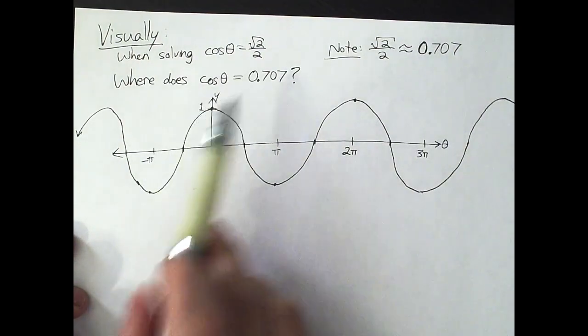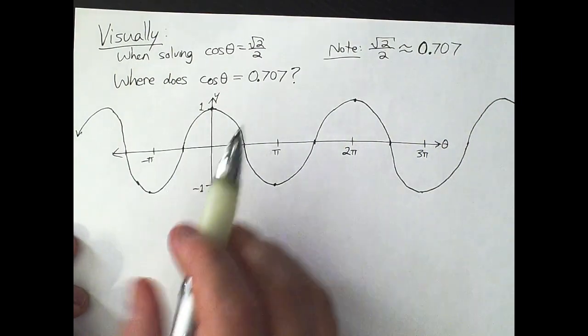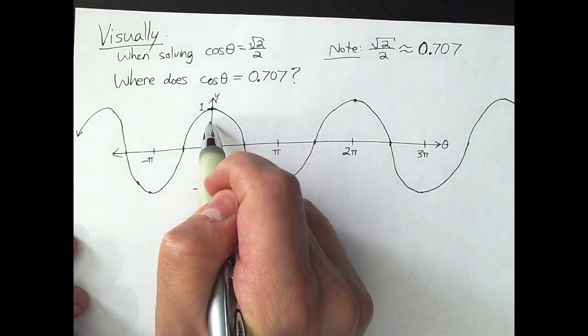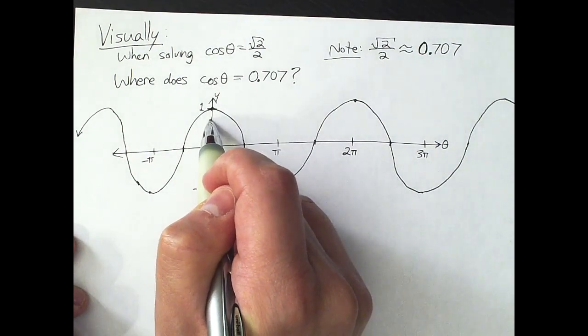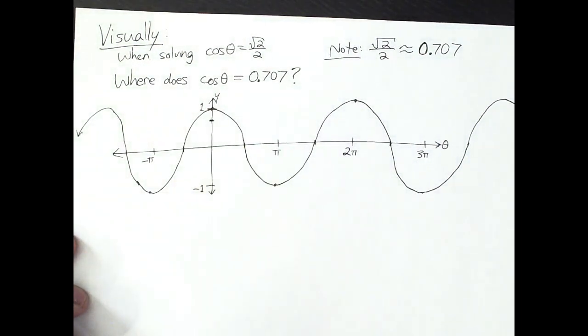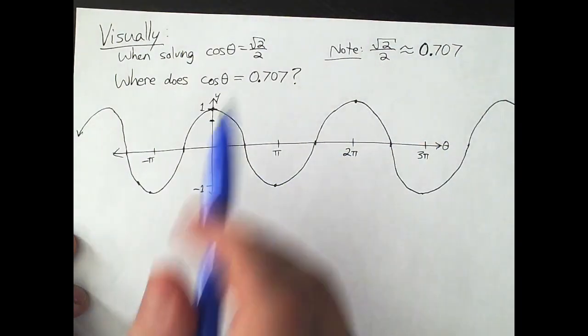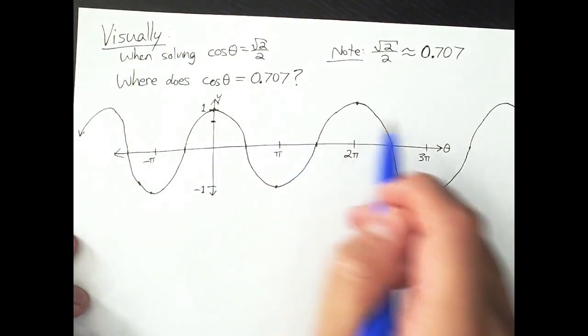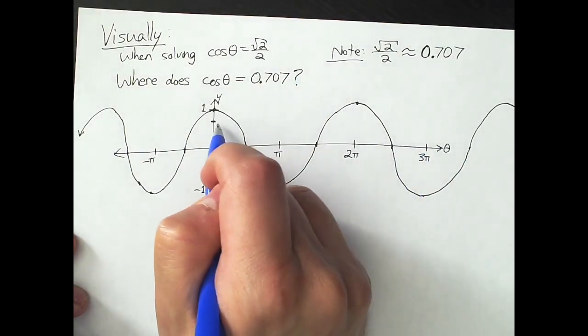Where does cosine of theta equal 0.707? Well, we see the places where it equals 1. 0.707 would probably be about here. Can we say that it's about there? I'm going to draw a horizontal line here. And just to be clear, I'm going to make this a dashed line, but it's not an asymptote.